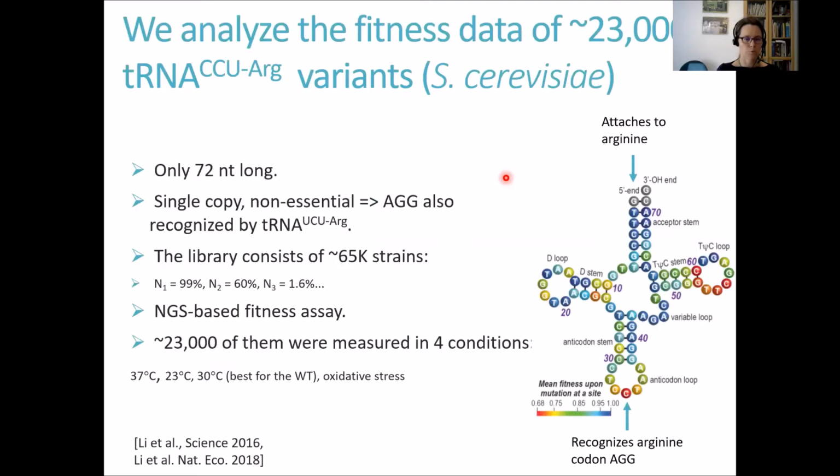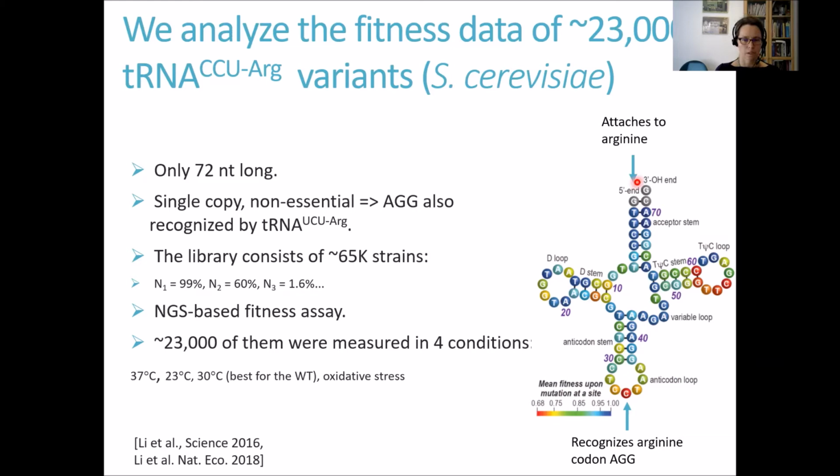For this project, we used an already measured and published data set of the Cerevisiae gene encoding for the tRNA CCU arginine. These are measurements that were published in two papers, done in the lab of Jianxi Zhang, published in 2016 and 2018.